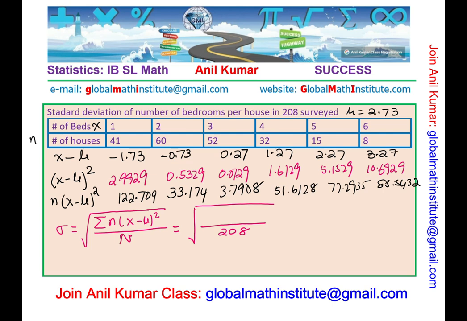Okay, great. So we have a number here which is 377.1233. We are going to divide this by 208.